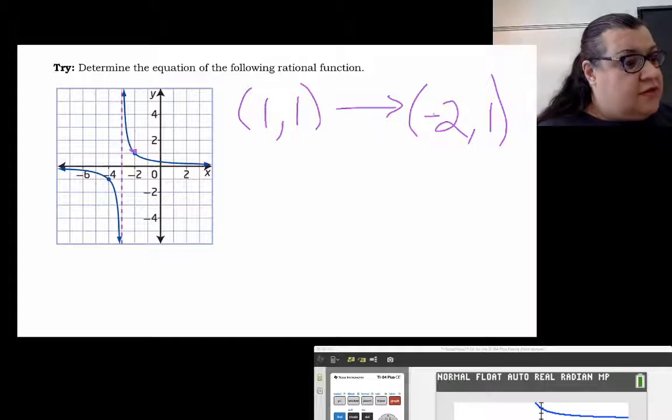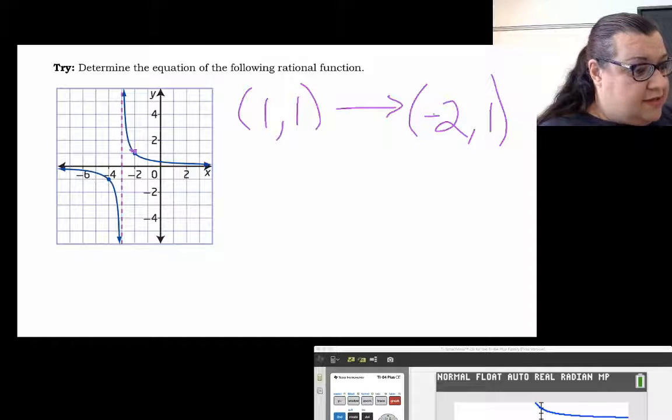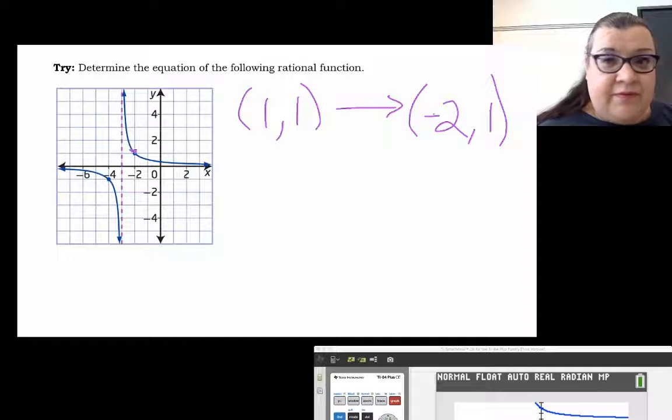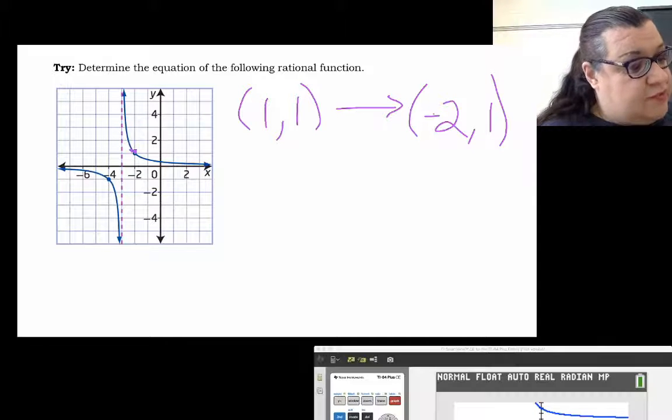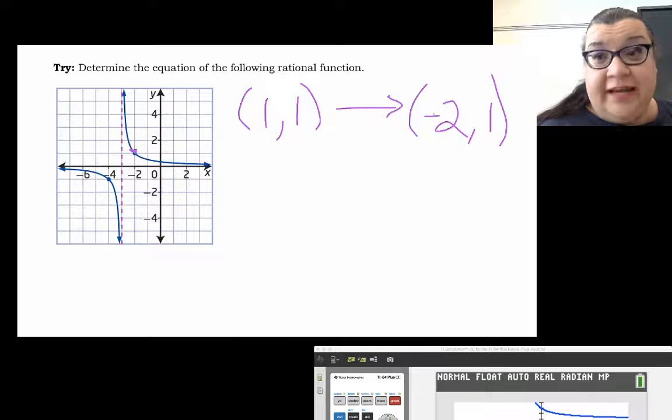Okay, so we've not actually been stretched here because our y value is still the same. We have just been translated over horizontally, right? So what that means is we've gone over 3, right? We've had to minus 3 from our x value.